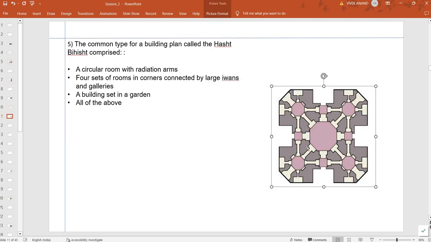So this is the plan for Hasht Behesht. You can see eight paradises. Can you see?